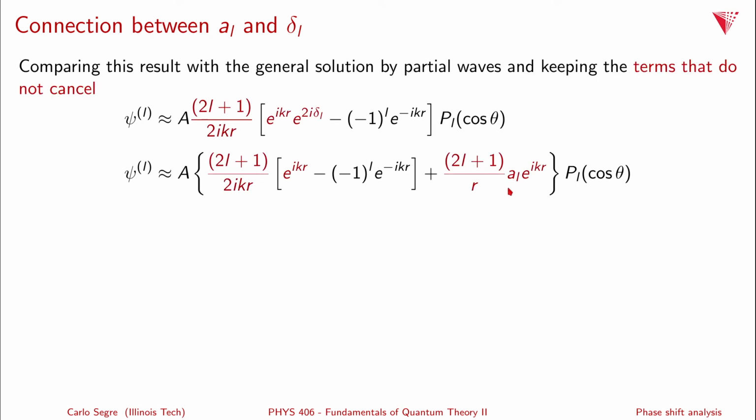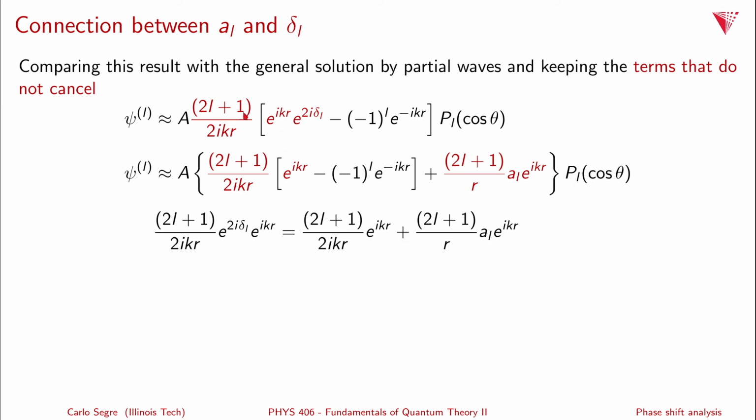Now, if we keep the terms that do not cancel, you can see this term is identical to this term, and you can get rid of the P sub L of cosine theta because it's in place in both cases. So only the terms in red need to be equated to make these two equal.